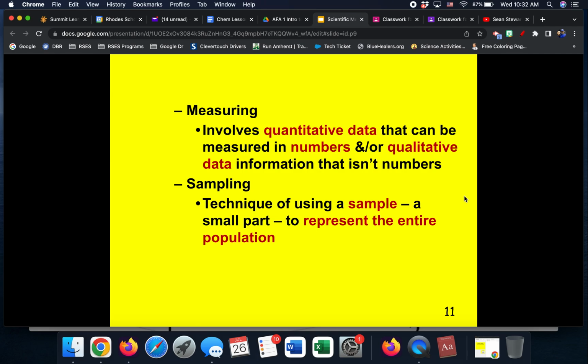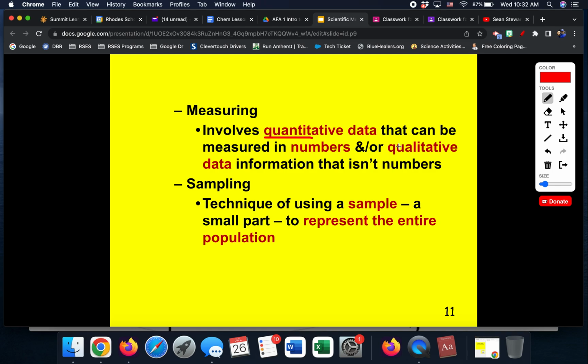When we are measuring our data, we're either going to have quantitative or qualitative. If you look at this word quantitative, it looks like quantity, which is a number. So quantitative data deals with numbers. Qualitative is descriptive. It's describing something. You might want to describe the migratory pattern of a bird.